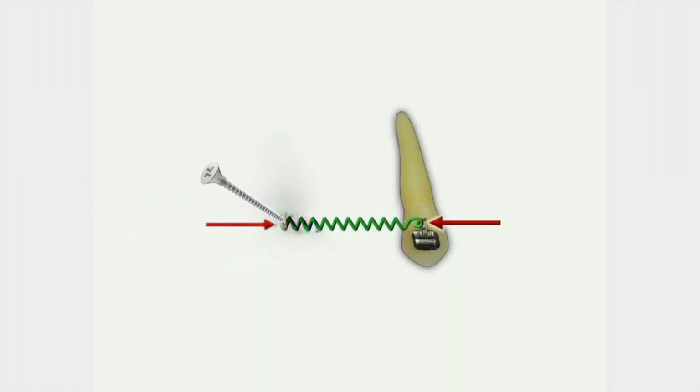But there is something different in mechanics with miniscrews. We replace the first molar by a miniscrew and still retract the canine by using a coil spring.